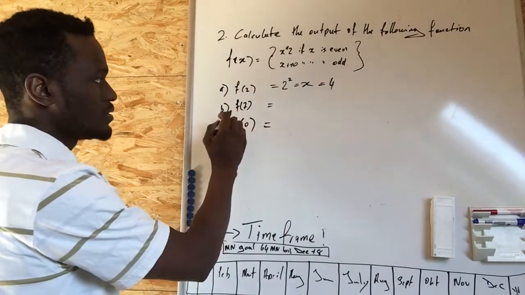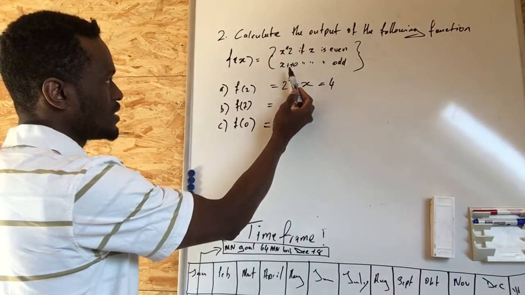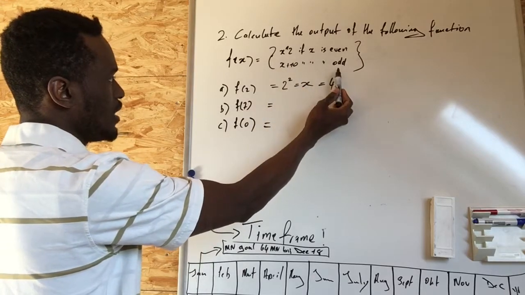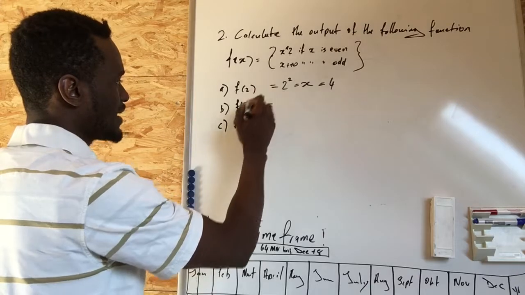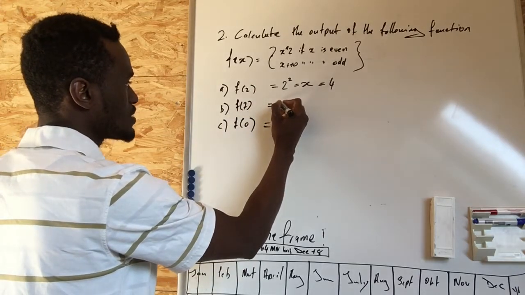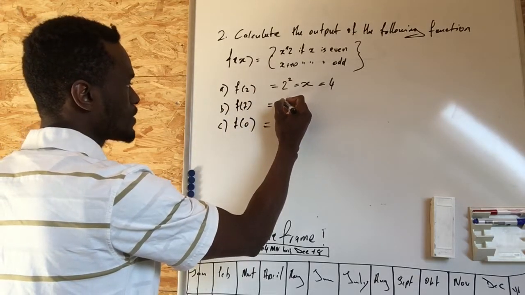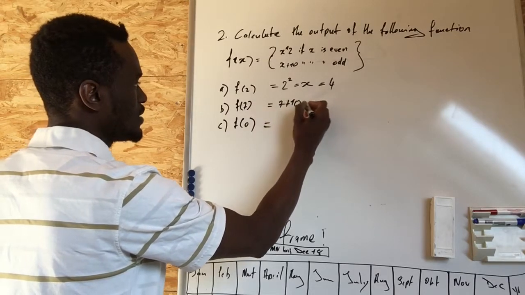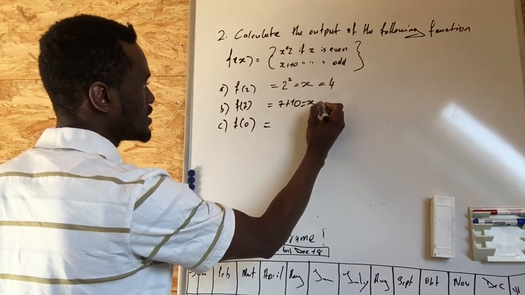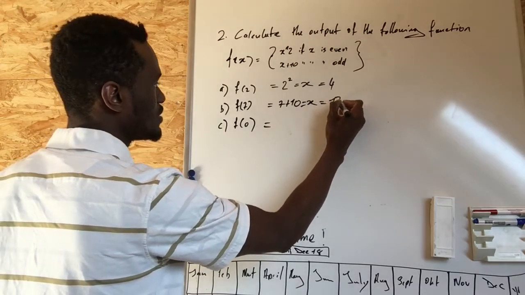So 7 is odd, so you're gonna replace x by 7, so you're gonna say 7 plus 10 is equal to 17.